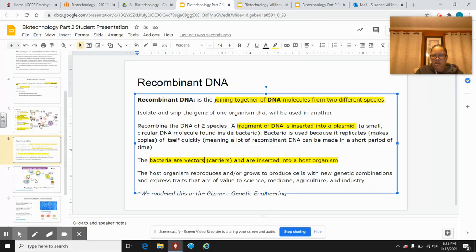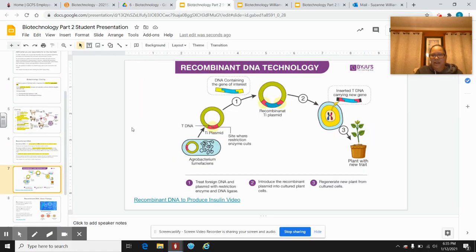So here's the picture. You're going to see this diagram or one that's very much like it on your test. So some of the things that you are going to need to know is you are going to be able to recognize that this is the process of recombinant DNA biotechnology. You need to know what it is, so taking apart and putting back together, that it creates transgenic organisms. You need to know what a plasmid is.